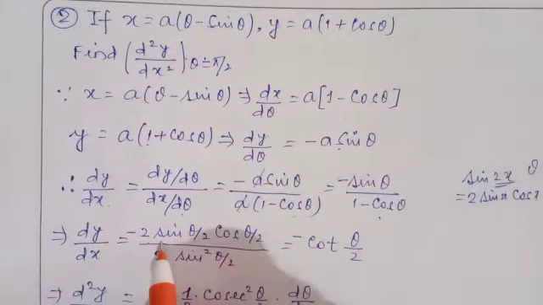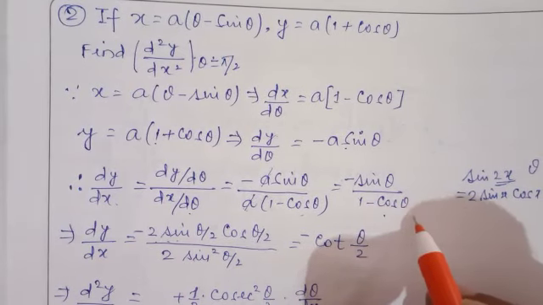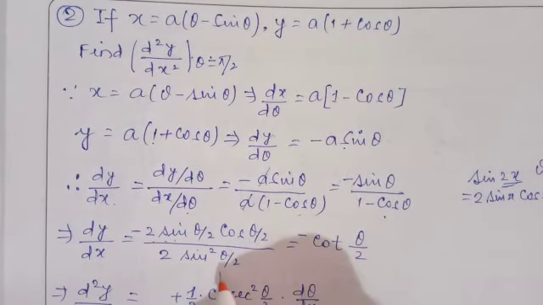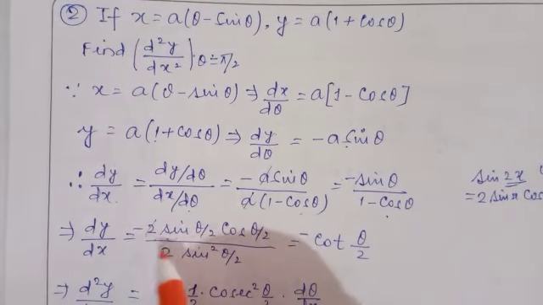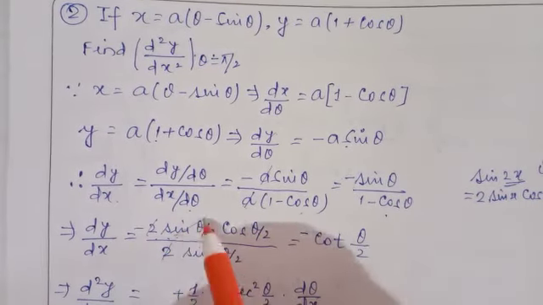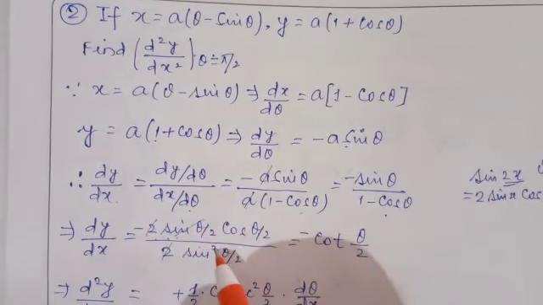This is the formula. Similarly, 1 minus cos theta will be 2 sine square theta by 2. Simplify. See, 2 and 2 should cancel. Sine theta by 2 should also cancel from the denominator. How much is left? Cos theta by 2 upon sine theta by 2, which is cot theta by 2, and minus is already here.